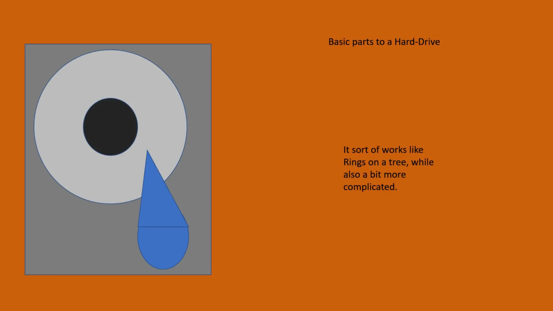The basic parts of a hard drive: you have your hard drive casing, the outer shell, you have your motor, which is the thing that actually spins it, and you have the hard drive platter, and of course your read and write heads. The file system used in PC and Linux is known as NTFS, or New Technology File System, and this was actually created by Microsoft.